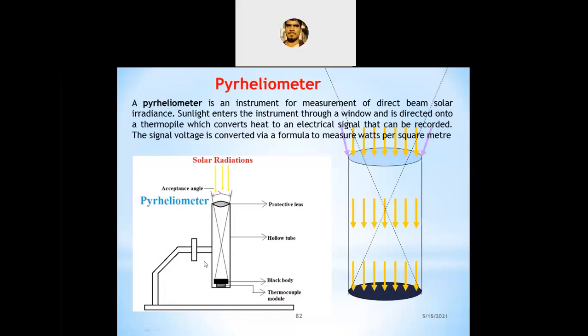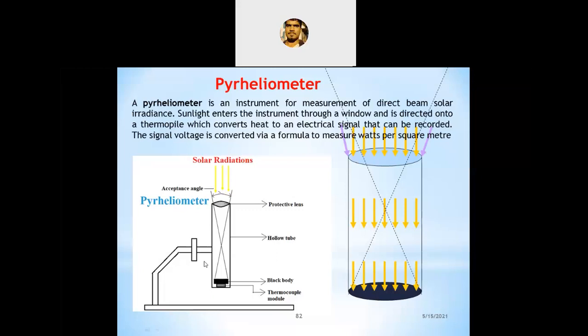Okay, and imprecision in the tracking mechanism. So these are some drawbacks of this pyranometer. The first thing is operator angle, that is what the angle. Second thing, the tracking mechanism. Okay, the efficiency of the tracking mechanism, as well as solar contributions.